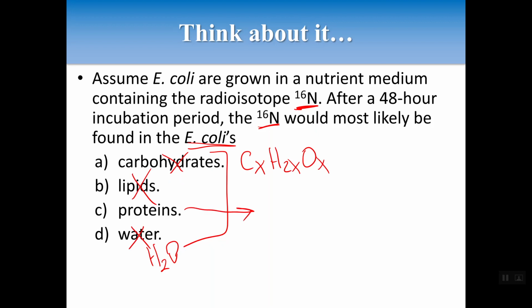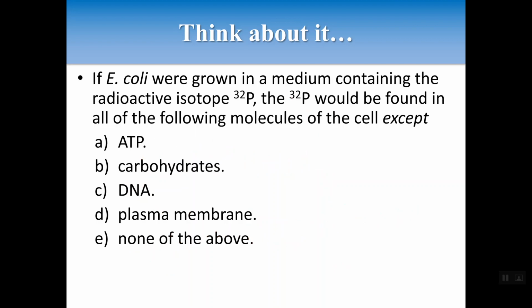Now, by process of elimination, it has to be proteins, but remember, proteins are made up of amino acids which have the central carbon with the amino group, the hydrogen, and the carboxyl group, and then the R group. So there's your nitrogen. So that's where it would be incorporated. So our answer then is proteins.